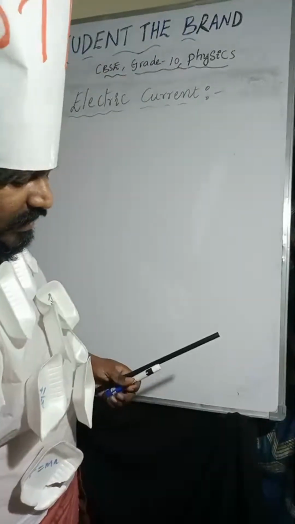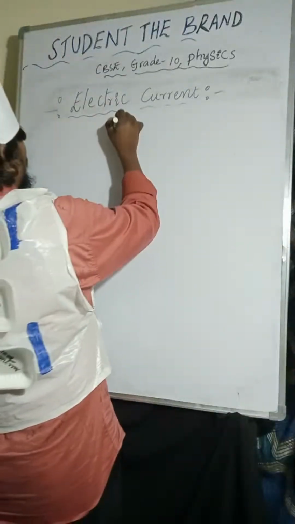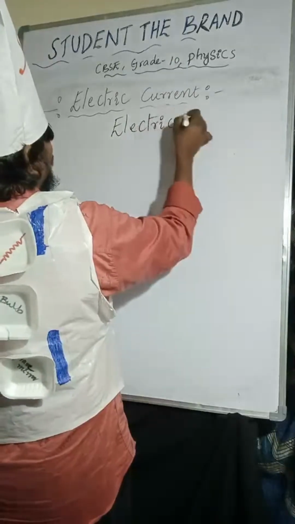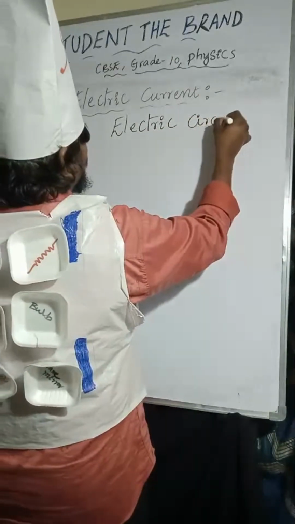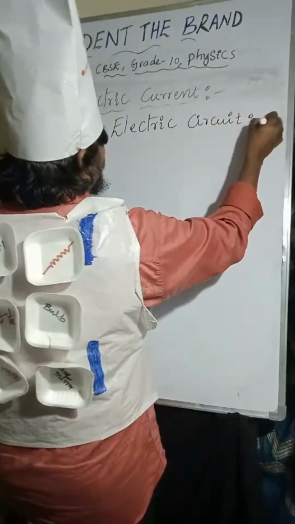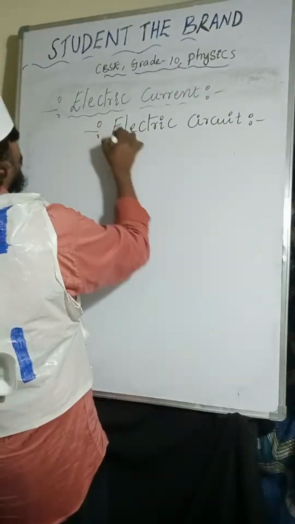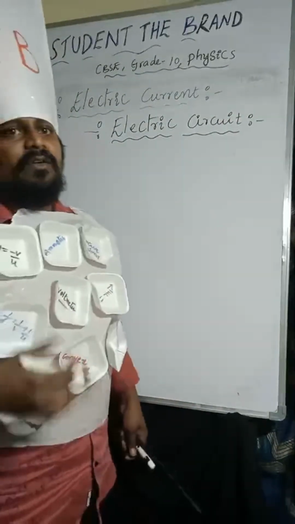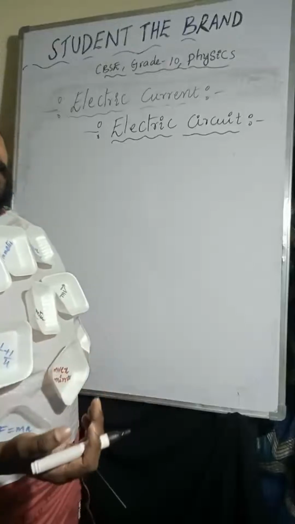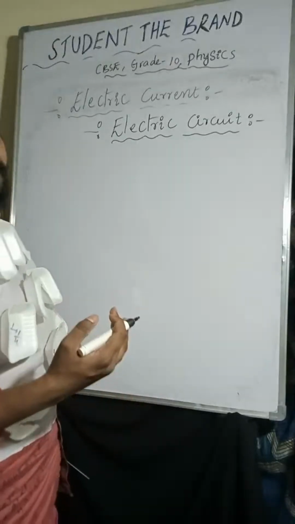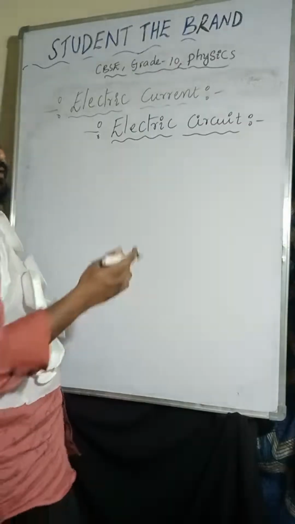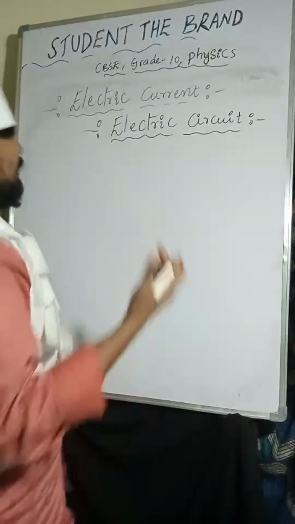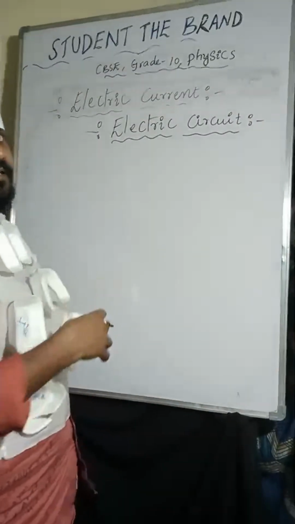An electric circuit is nothing but a continuous and closed path of an electric current.